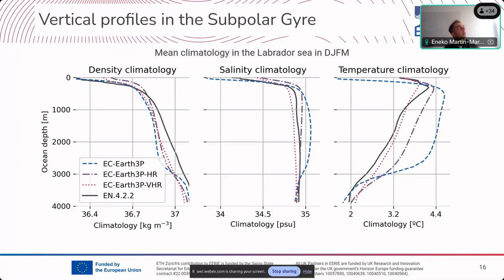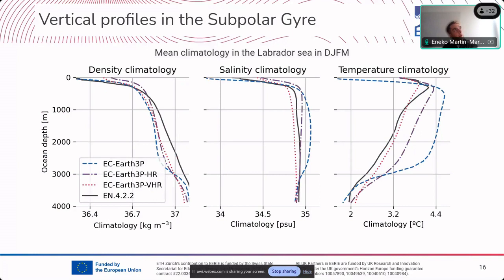Though in the case of the HR model, the one with eddy present, the middle resolution one, we have less stratification, which could also explain the bigger mixed layer that we were seeing there, because we need to overcome less difference in density to have a greater mixed layer depth.